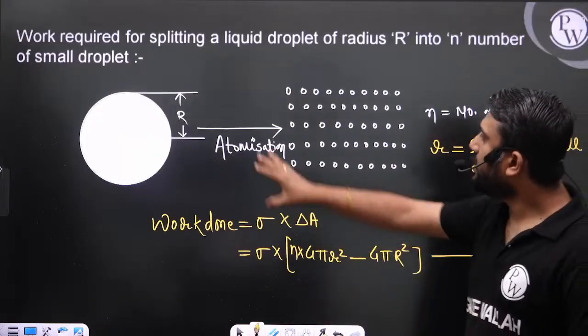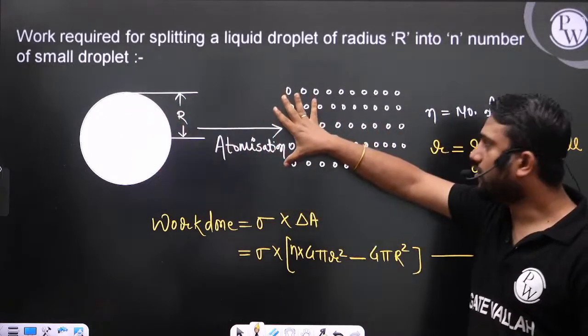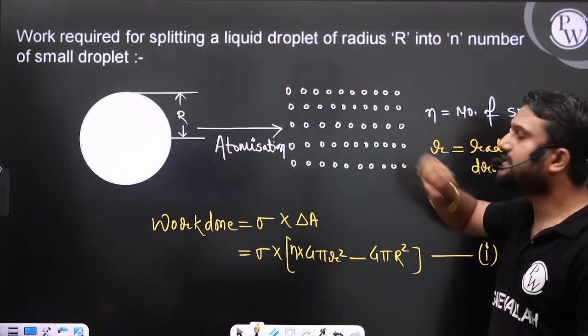And we know that mass is conserved. So the mass of this bigger droplet is equal to the mass of these n number of droplets.